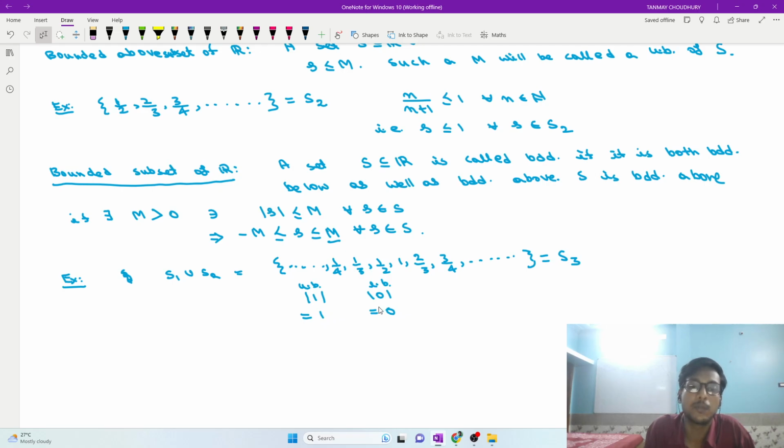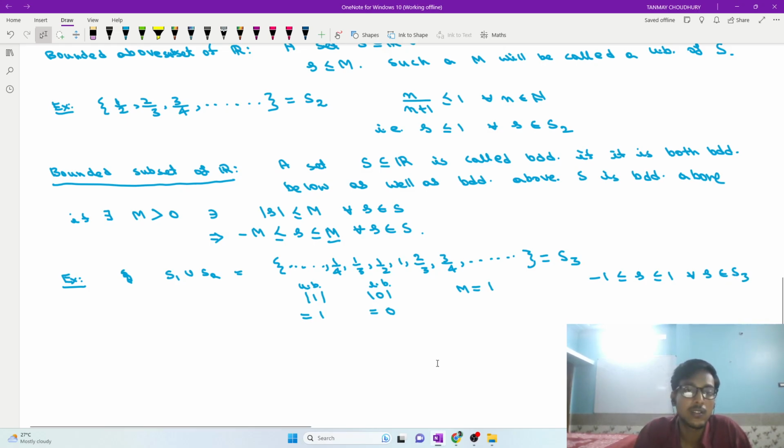The maximum of 0 and 1 is 1. So this 1 will work as M in this definition. So we can see that minus 1 is less than or equal to s is less than or equal to 1 for all s belongs to S3. Here S3 is a bounded set. I think the idea is clear. What is a bounded set?